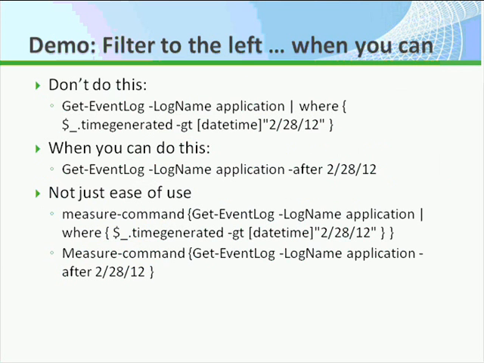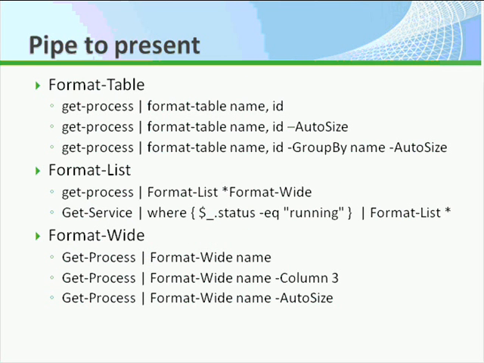Okay? Now, one of the other things that I like to do with the pipeline command is use the pipeline commandlet to format the output. There's a number of commandlets that automatically allow us to present information. So I can use format table, and that easily creates a nice table.